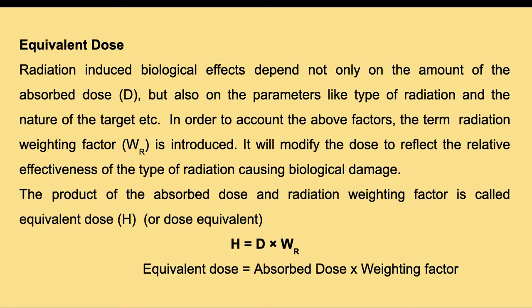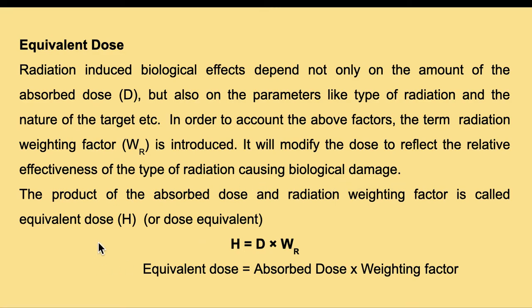And equivalent dose: radiation induced biological effects depend not only on the amount of the absorbed dose but also on parameters like the type of radiation and the nature of the target, etc. In order to account for the above factors, the term radiation weighting factor WR is introduced. It will modify the dose to reflect the relative effectiveness of the type of radiation causing biological damage.